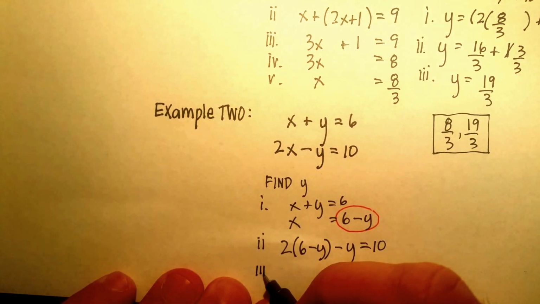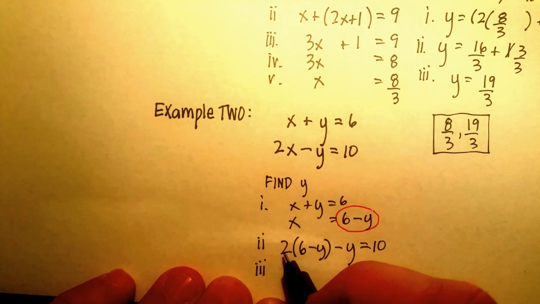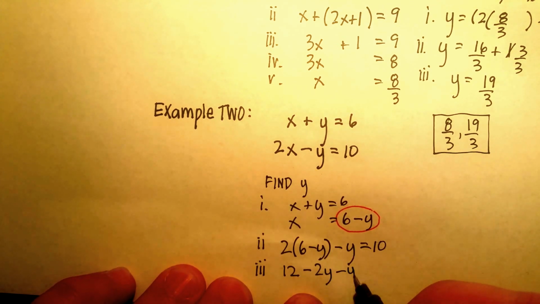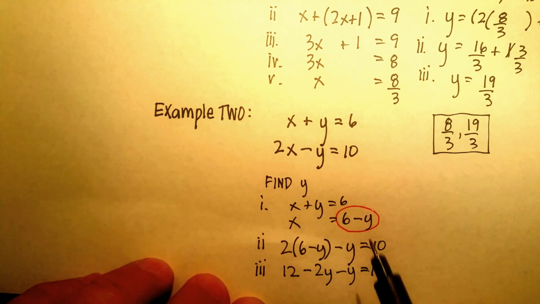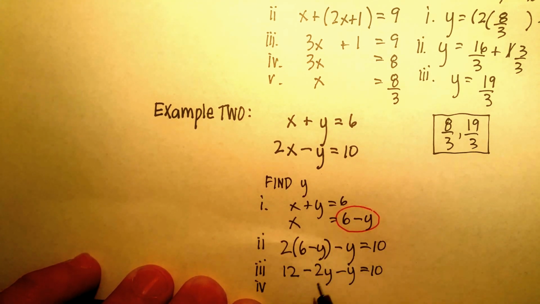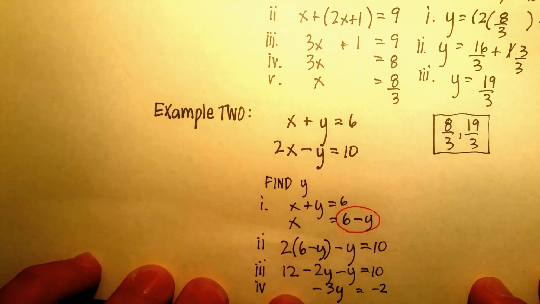Let's keep going. Let's use our algebra skills. 2 times 6 is 12. 2 times negative y is negative 2y minus y is equal to 10. Let's go ahead and subtract 12 from both sides. So now I've got minus 3y is equal to negative 2.